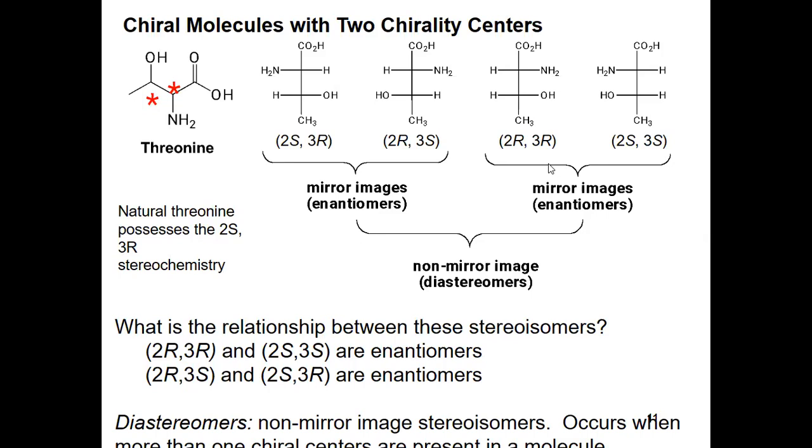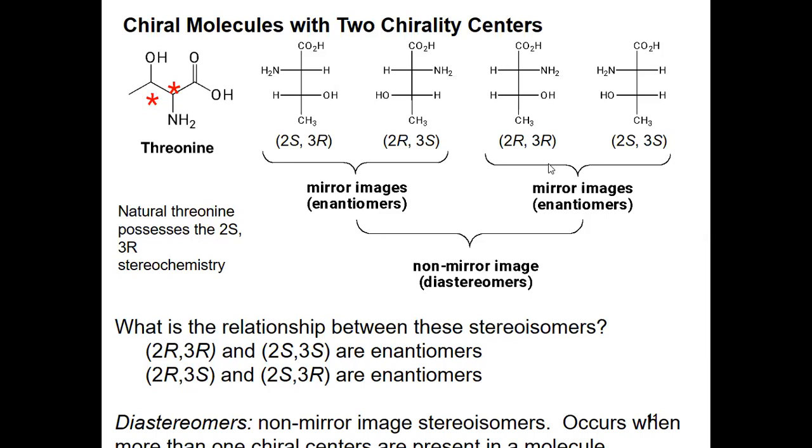Now, if you compare these two molecules with the two other molecules, you notice that they still have the same groups attached to themselves, but they are not mirror images of each other. So what is the relation of these two molecules with these two molecules? They are called diastereomers.